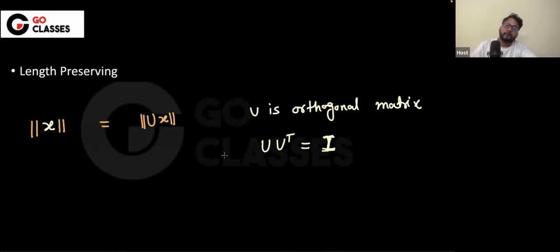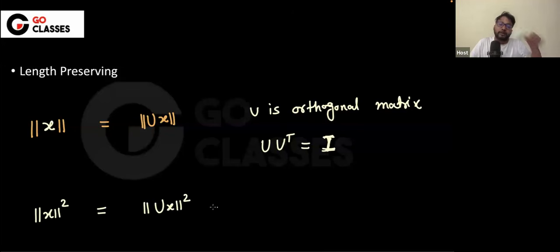This is the simple proof that we want. Any idea how we can prove it? That's very simple. Instead of proving it like this, you can talk about the squared length. Can I prove it like this? The squared length of x is the same as the squared length of Ux.